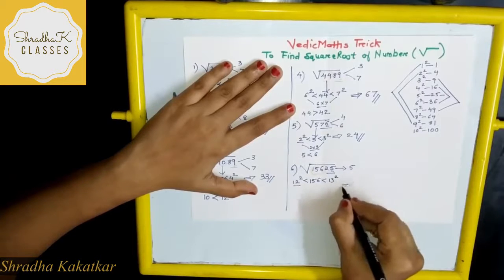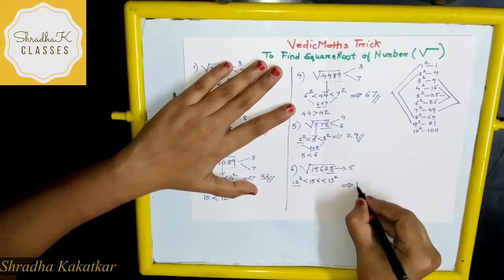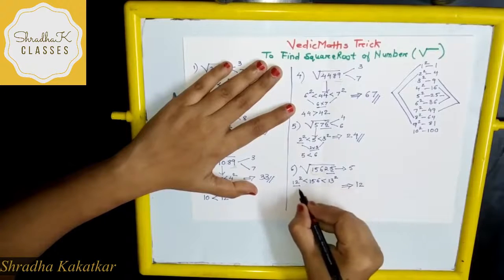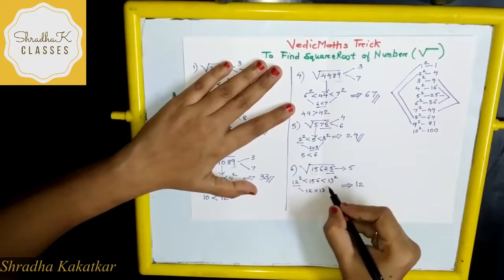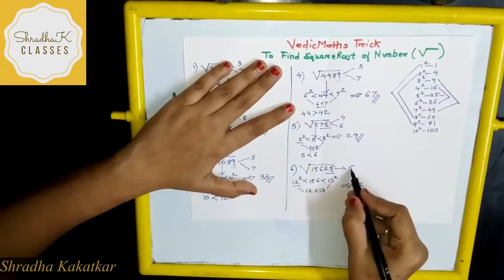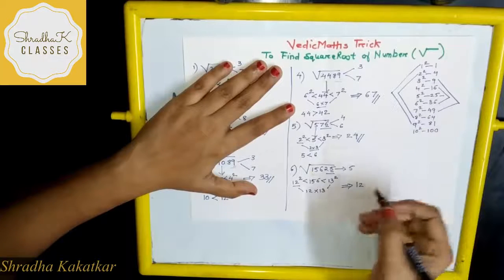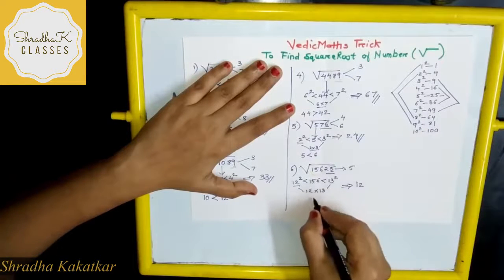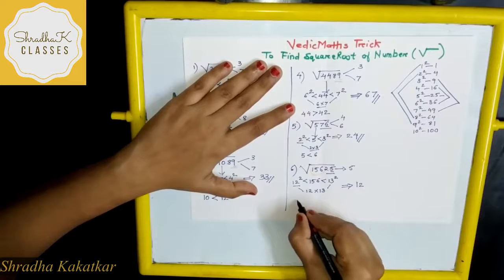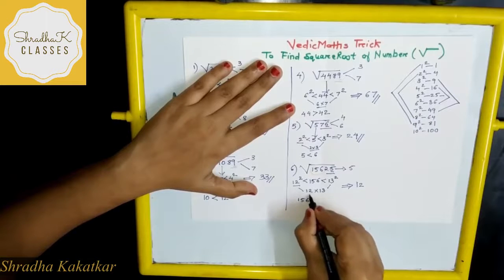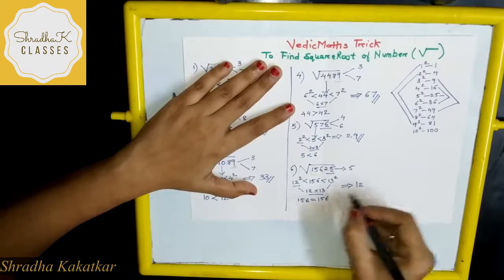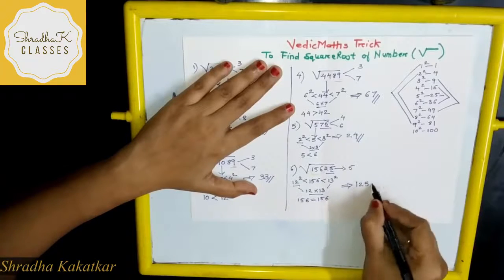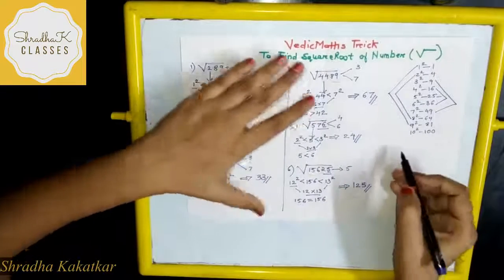So this is 12. Now what you have to do? 12 into 13. Even if you don't do this, it's absolutely fine because there is only one number ending with 5. But let's do it. It is 156, equal to 156. So we write 5. I hope you understood this.